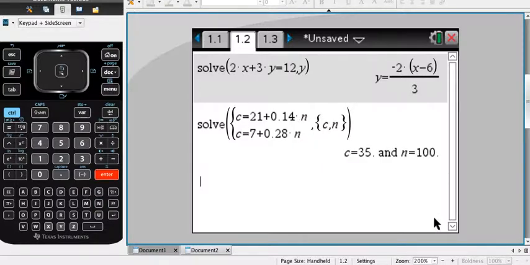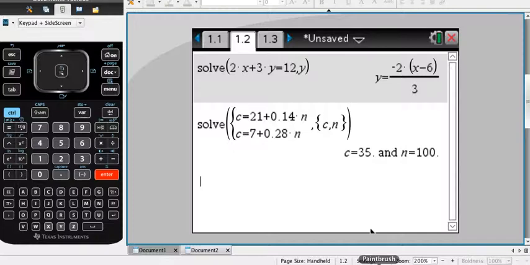Press enter and you'll notice that when C is 35, n is 100. So this means that when you make 100 calls, the cost is the same for both packages. The cost is 35 for both packages when you make 100 calls.